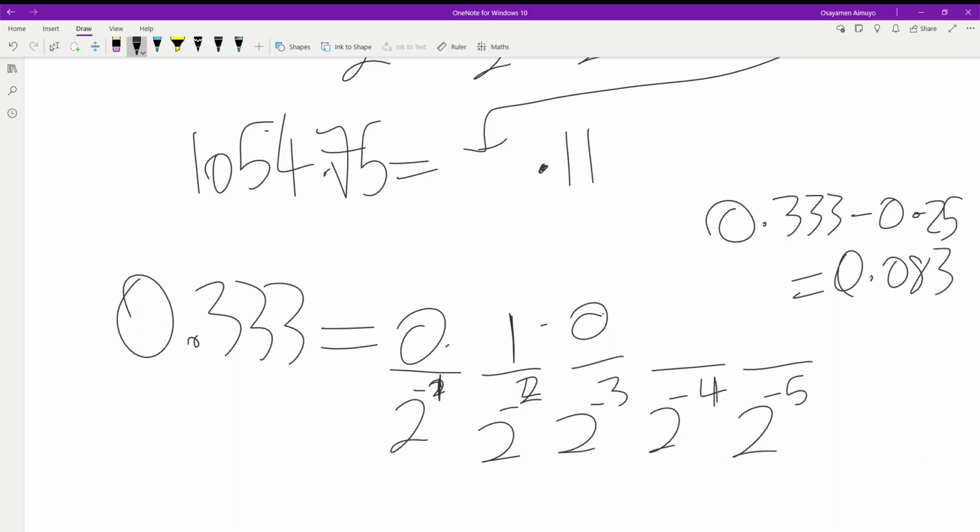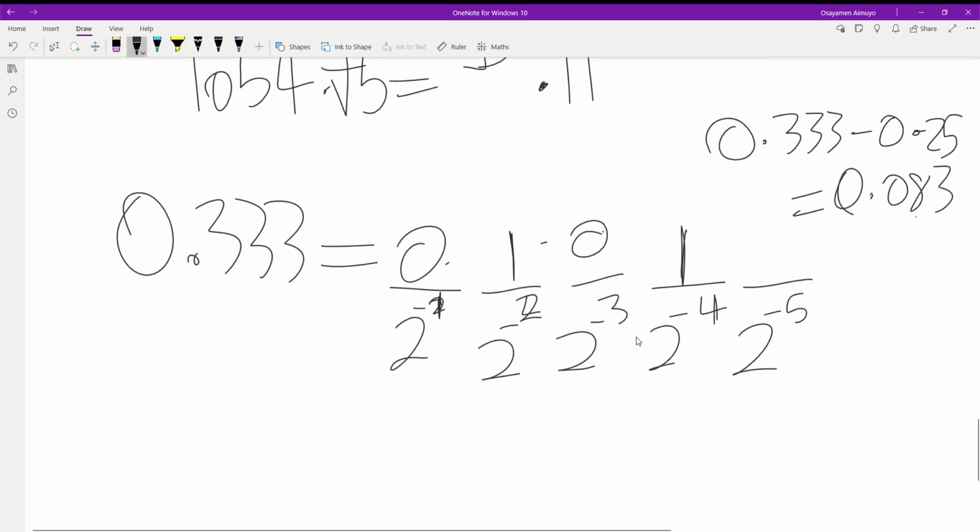So that's 0 as well, because that's greater than 0.083. If we go to the next one, it's lesser than this, so we set this to 1 as well. So now if you subtract that, you would have 0.